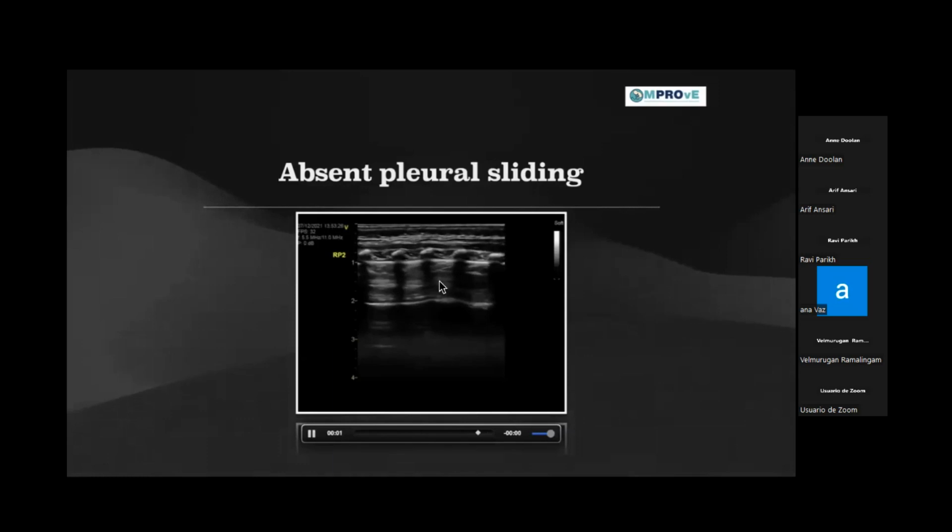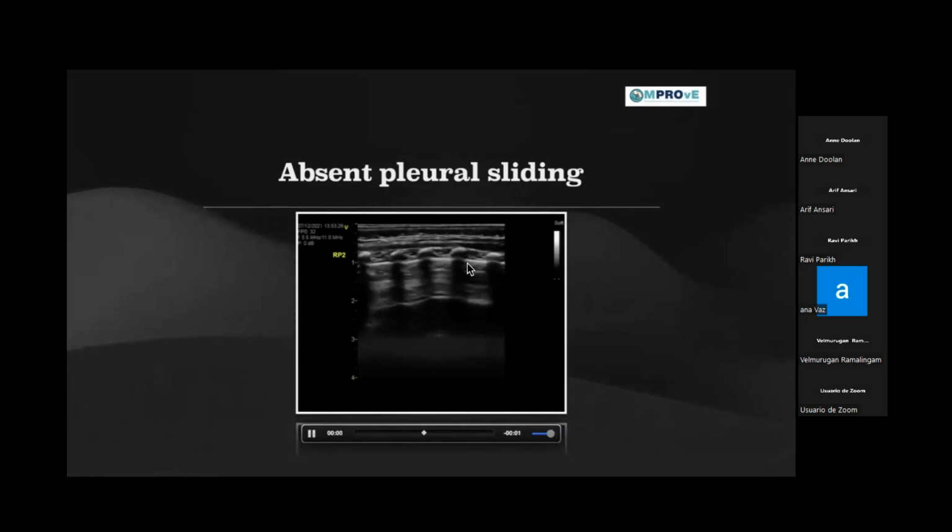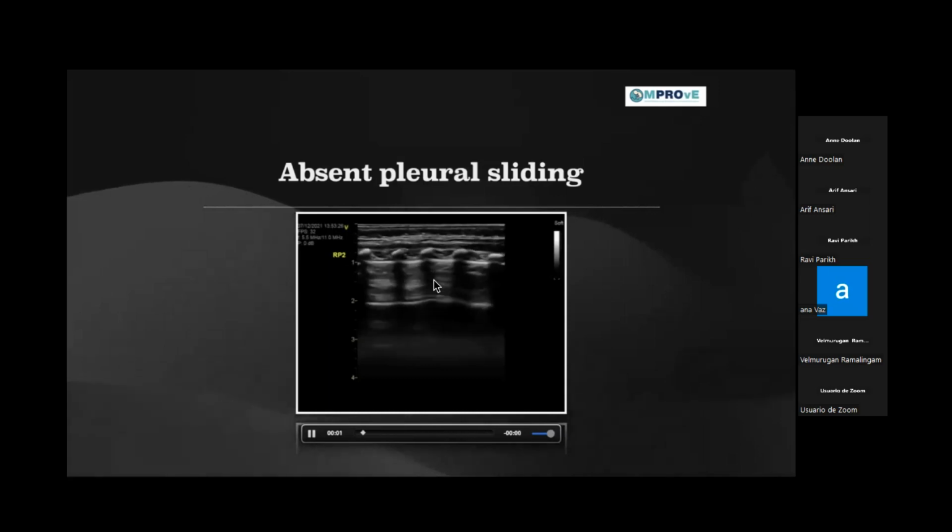Yes and no. Lung pulse is basically generated with the cardiac movements, the propagation of the heartbeat to the lung. So in that case, you will see some kind of movement there. This is basically the propagation of the movement of the adjacent normal aerated lung. So you can see the baby's breathing in and out.